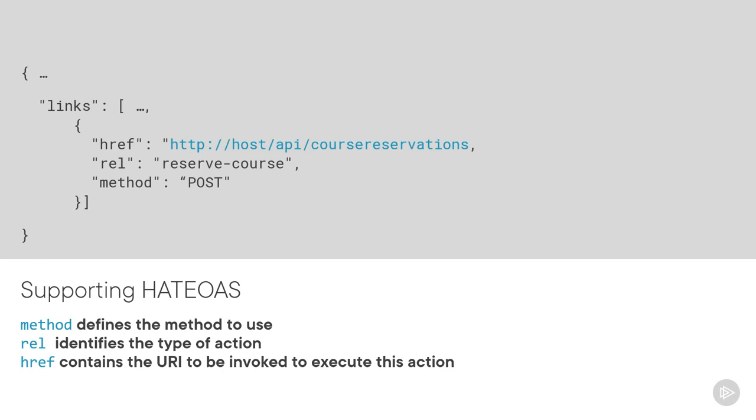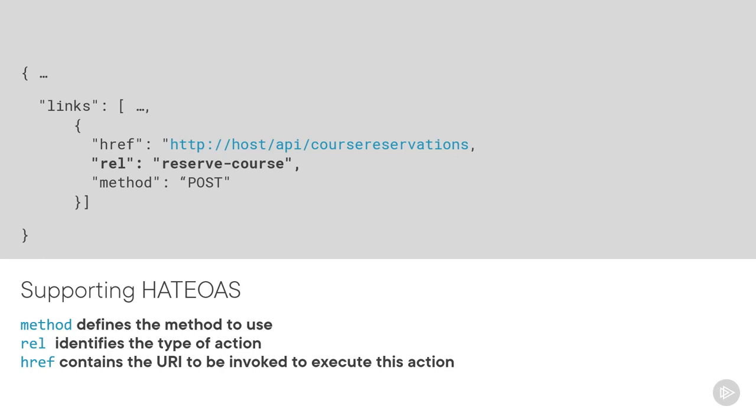The client simply uses this link. It doesn't have to create it anymore. Mind you, HATEOAS does not completely lift the client of having to have some knowledge of what to expect. It still needs to know about the link types that come back, in other words, the REL values, and whether or not it wants to use them.